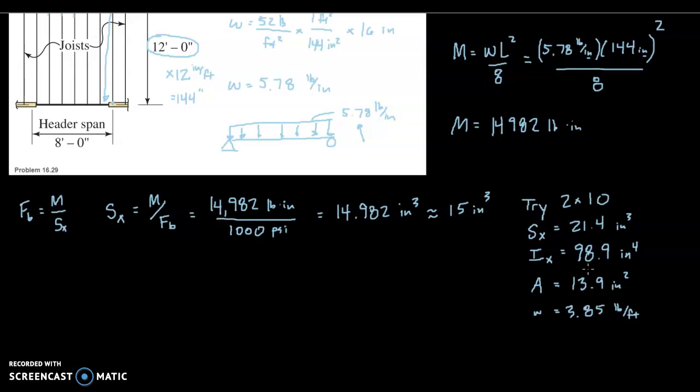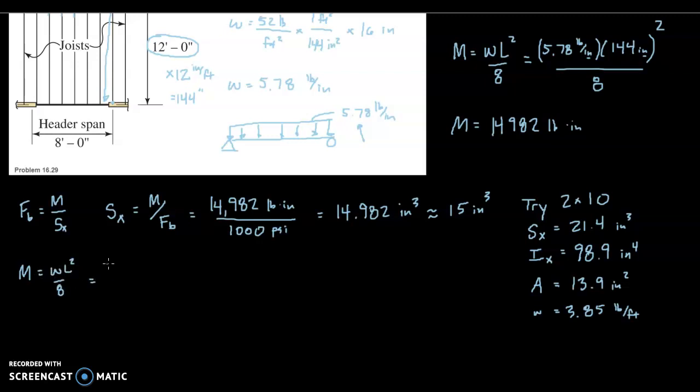Okay, so if we're going to be thorough here, and we might as well be, check for additional moment caused by the self-weight of the beam. So that moment due to self-weight is WL squared over 8.